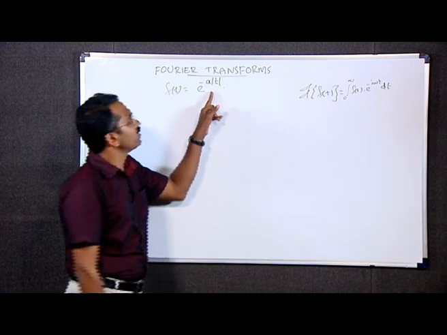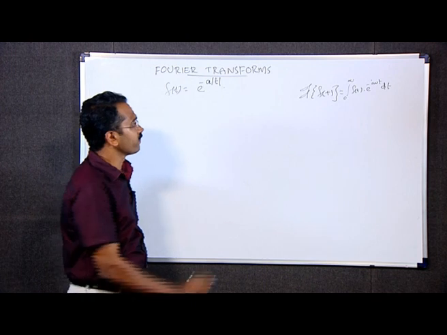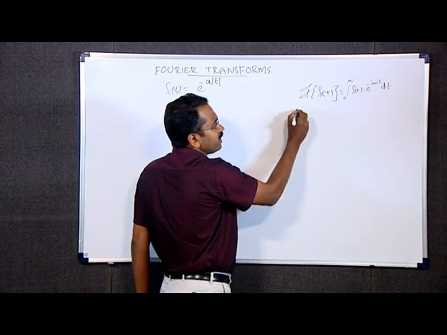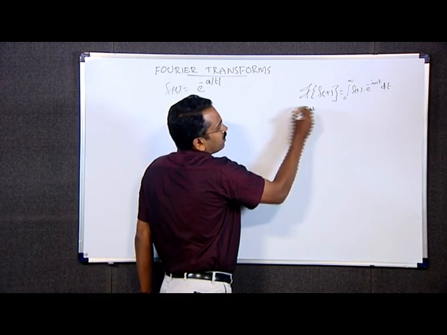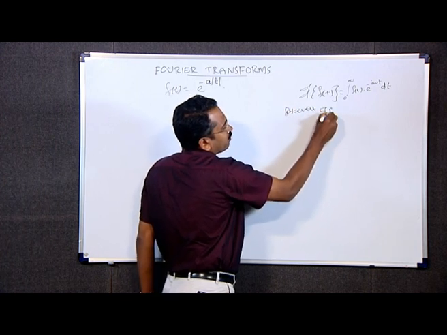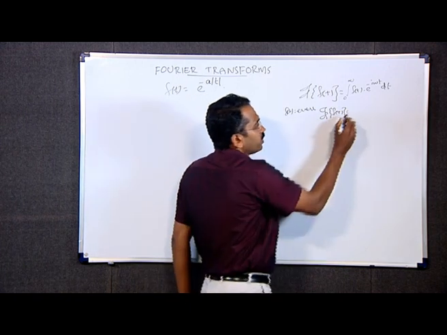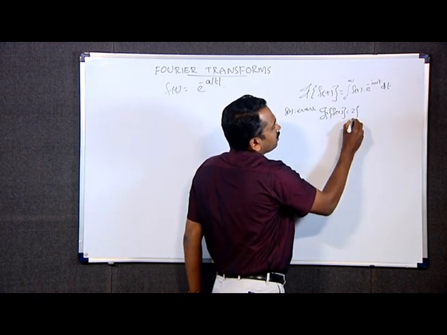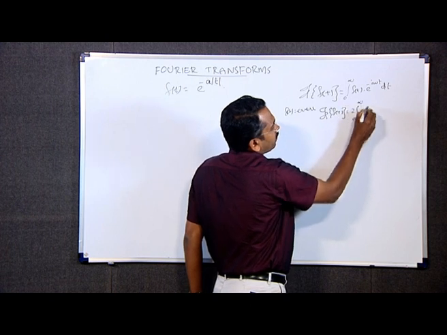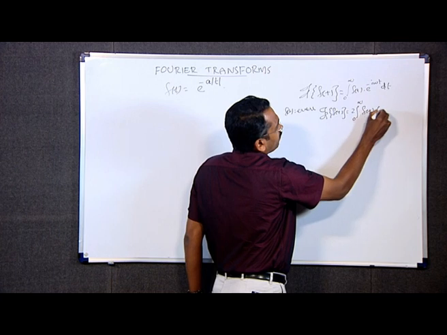Here it is clear that this function is an even function. If f of t is even, then the definition will become the Fourier transform of f of t is equal to 2 times the integral from 0 to infinity of f of t into cos omega t dt.